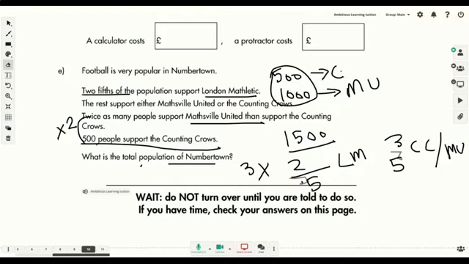I'm just writing this again so you guys don't get confused. So basically, 3/5 is 1,500. And 1/5 is 500.